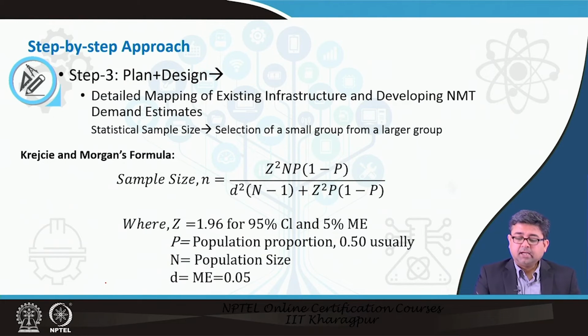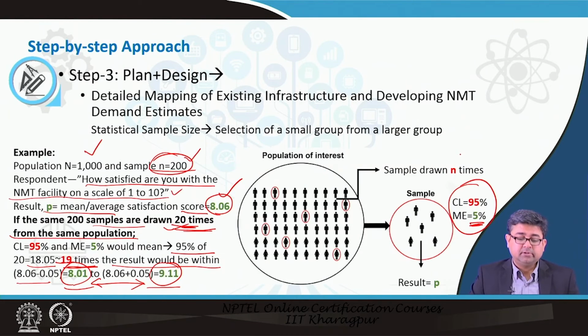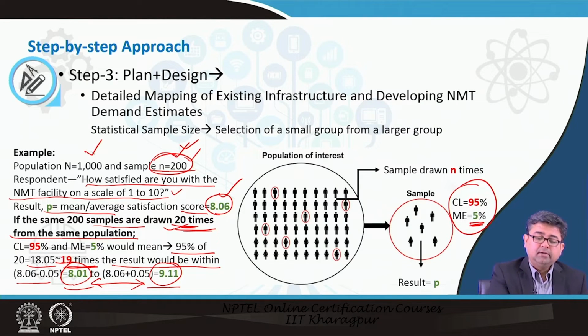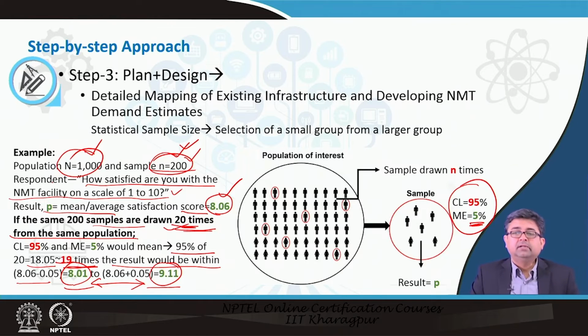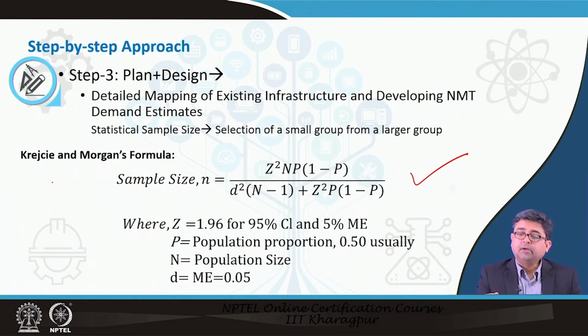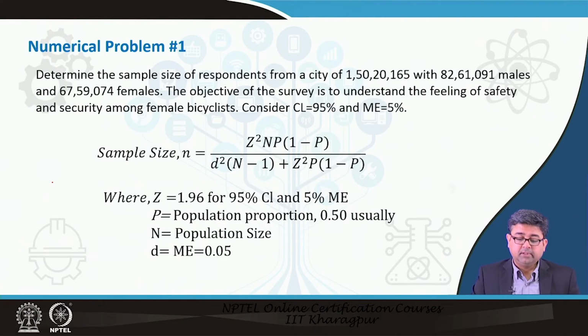So, then there are statistical formulas that will tell you how to develop the sample size. If you go back to this example, this is an example of a formula that can be used to arrive at 200 for a population of 1000. You can easily follow the formula.